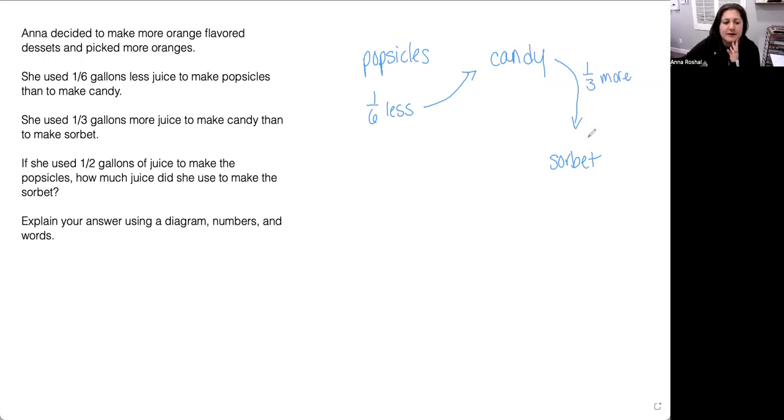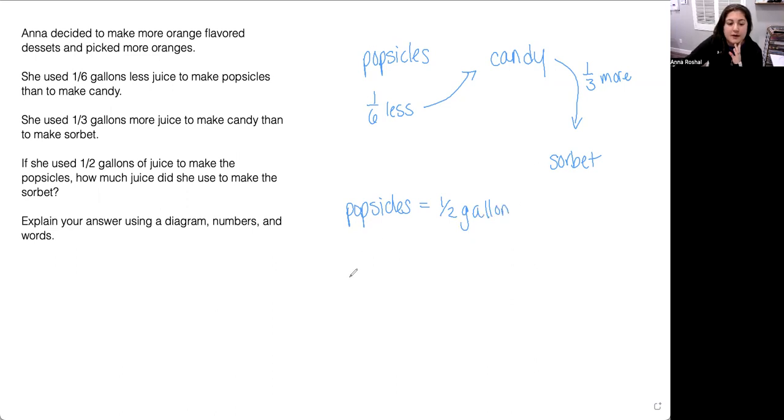And it seems like everything is all gallons, right? To make candy, okay, then to make sorbet. And then she used 1/2 gallon of juice to make the popsicles. So, okay, so we know that popsicles are 1/2 gallon.